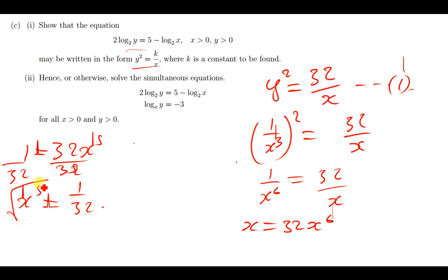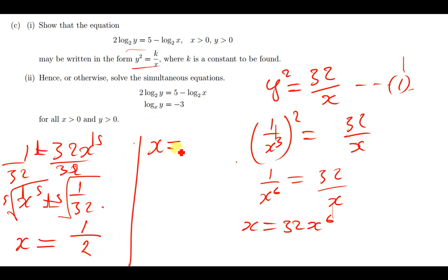So we find the fifth root of that. The fifth root of x to the power 5 is x. Then this other side, the fifth root of 1 is 1. The fifth root of 32 is 2. Therefore, the value of x is simply equal to 1 over 2.